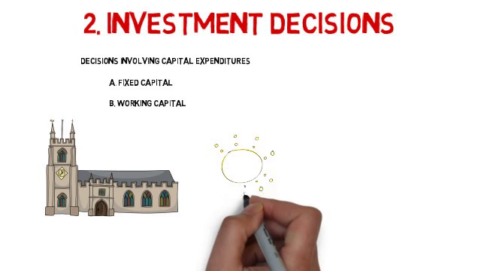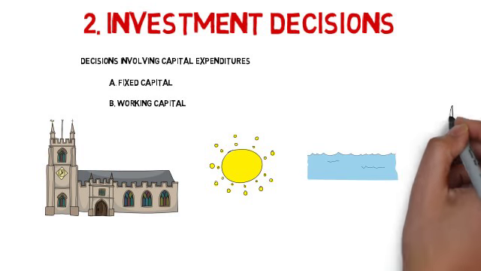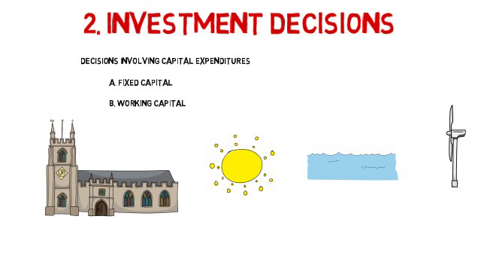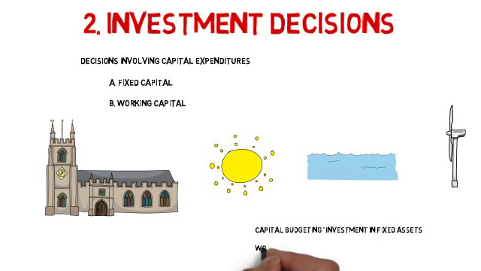That is, they need to decide on what method to generate power, whether it is solar, tidal, or wind energy. Once that is decided, the management looks at the capital budgeting to evaluate the fixed assets proposals and then invests in the infrastructure of the power generation project. These are capital expenses in buying capital assets.